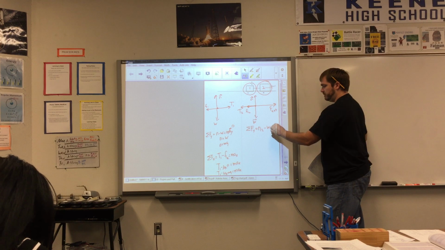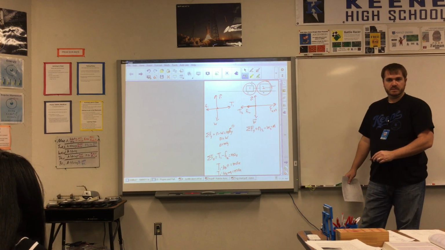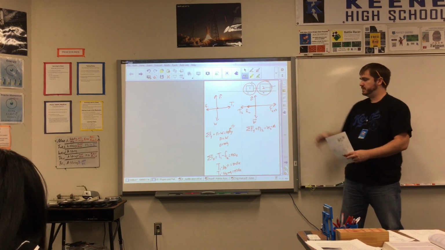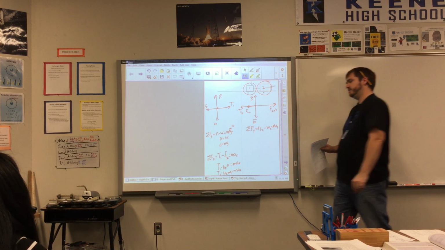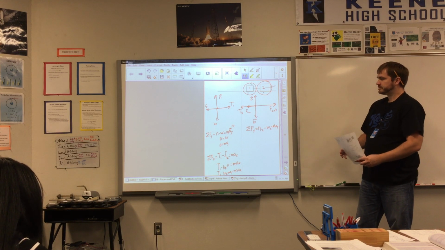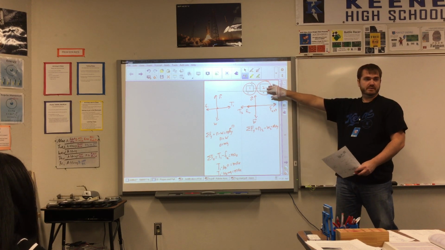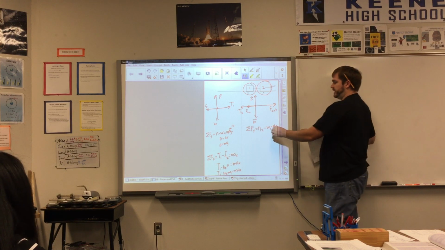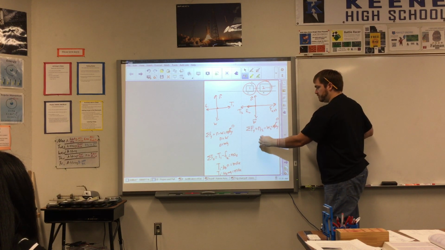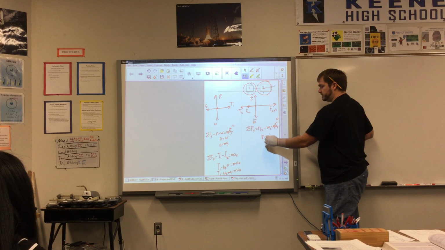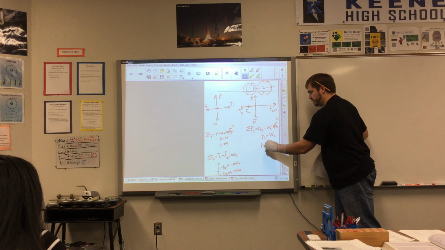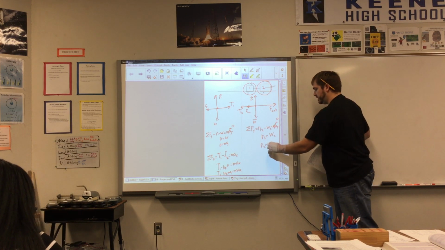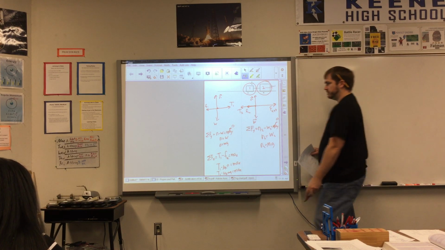Mass, I'm going to write big M because it's the mass of this object times the acceleration in the y direction. Is object 2 accelerating in the y direction? No, so that whole term goes to 0. So same thing, we have normal 2 equals weight 2. So normal 2 equals big M times gravity.